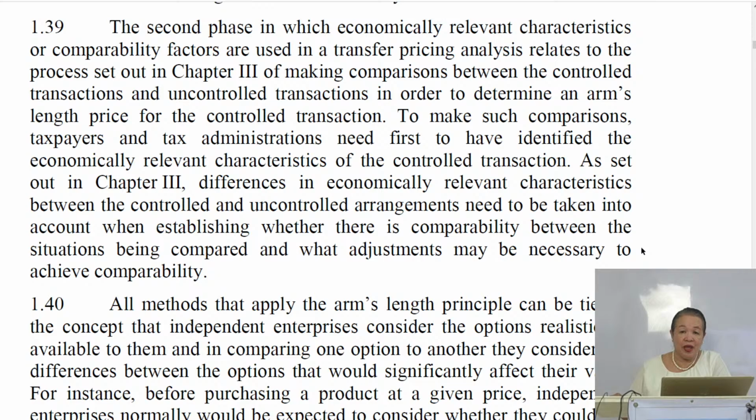Because after comparing and you know that there is a difference or there are differences, then you have to adjust in order to make the two transactions equal, no?